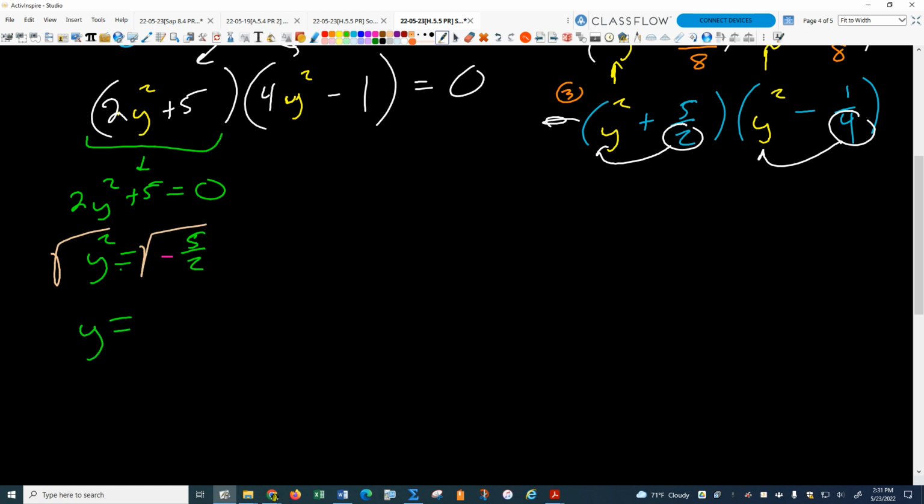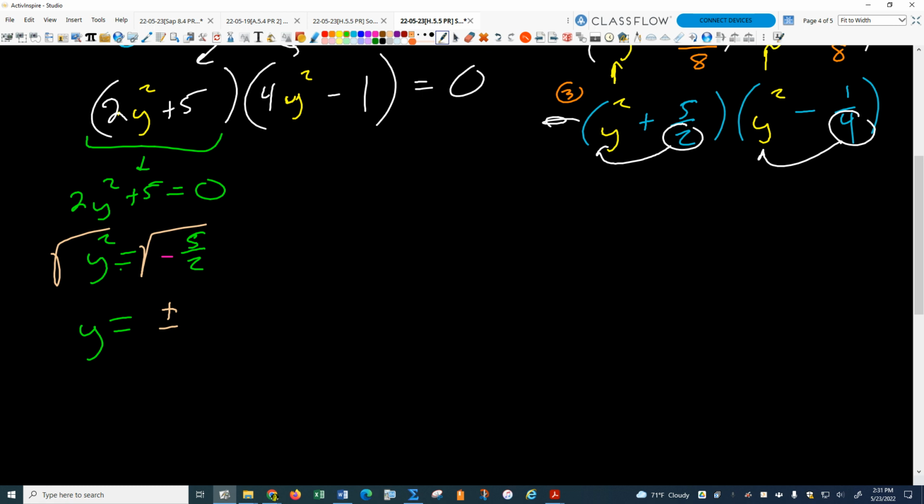Y equals, fill in the blanks for me. Okay, but before I do anything else, if I'm square rooting both sides of an equation, plus or minus, so I've got a plus or minus, and then the negative inside becomes i outside.